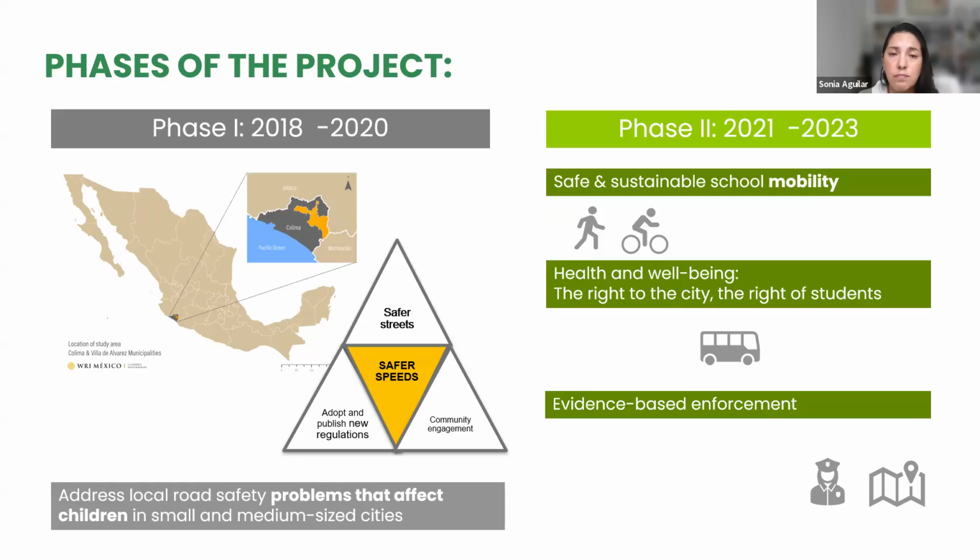So we promoted different modes of transport, including accessible school transport for all our users, and evidence-based enforcement, since we lacked good quality data to enforce this type of program in other municipalities of the same state. Next, please.